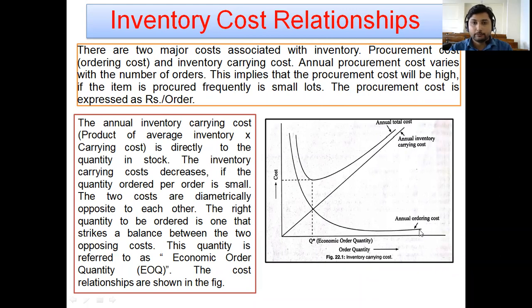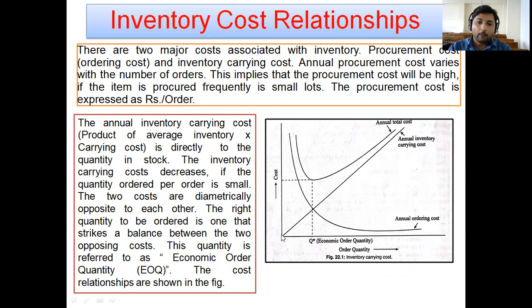And at a particular order level, if you want to purchase all the components in one order only, then in that case you will get the constant cost over here. You need to send at least one order in 1 year, hence here the cost will be constant at this particular location. But in a similar fashion, now here you can see this straight line showcases the annual inventory carrying cost.